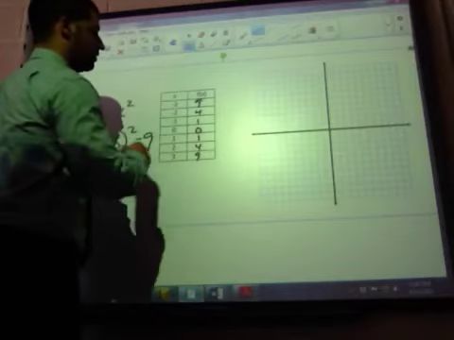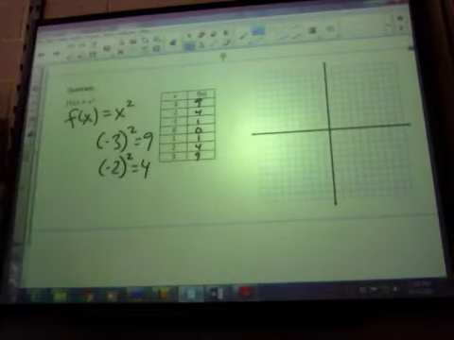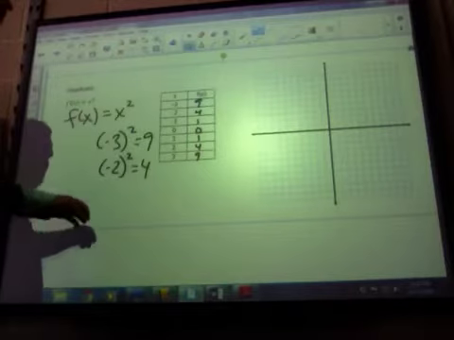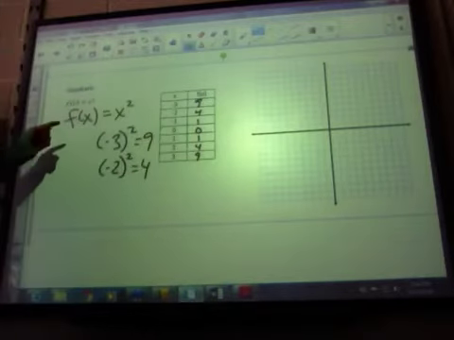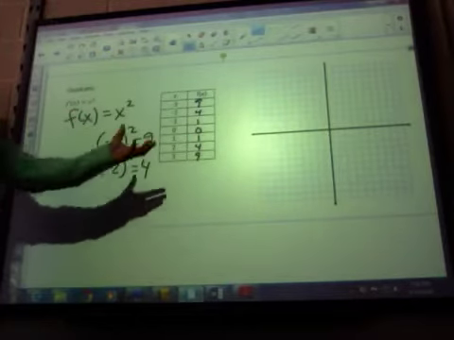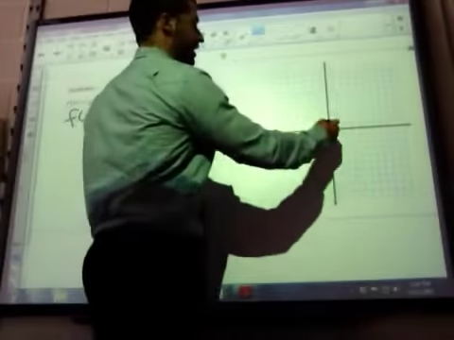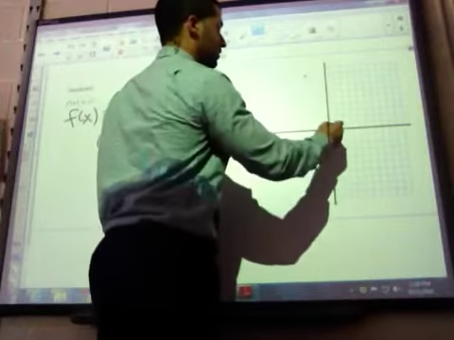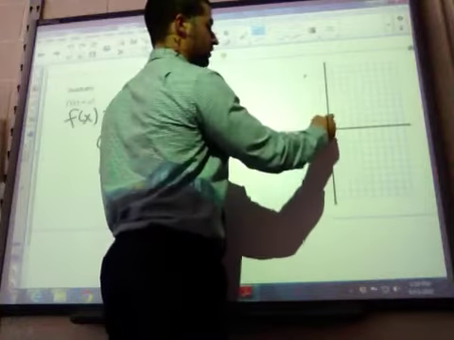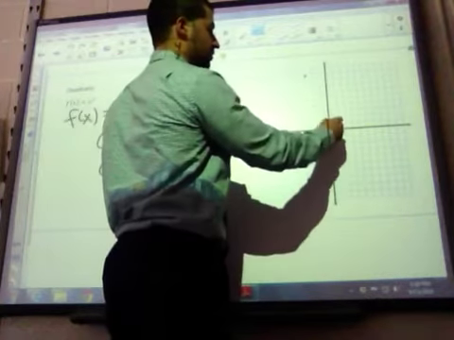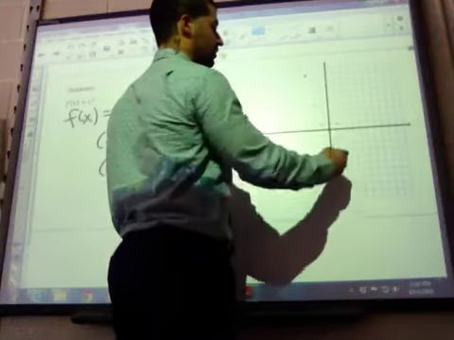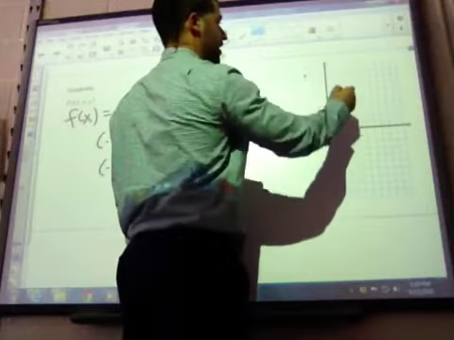3 is 9. So all we really need to do right now is make sure that we can get our table down, understand what each graph's going to look like, and how we could draw each one. So let's plot all our points now. We have the first one, -3, 9, -2, 4, -1, 1, 0, 0, 1, 1, 2, 4, and 3, 9.